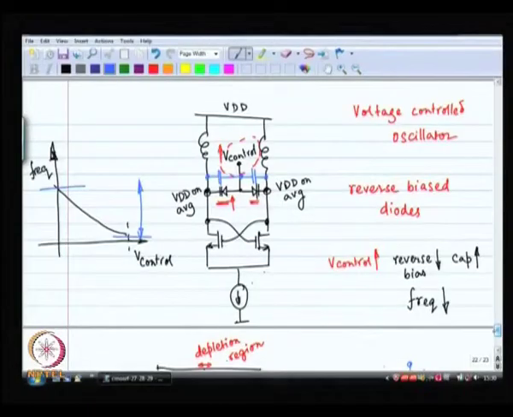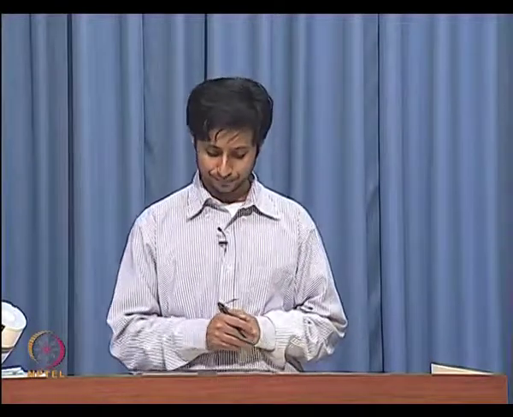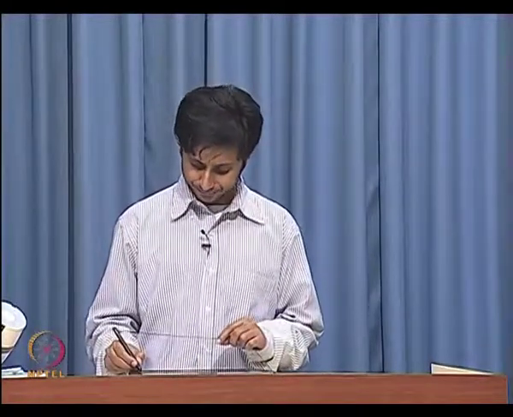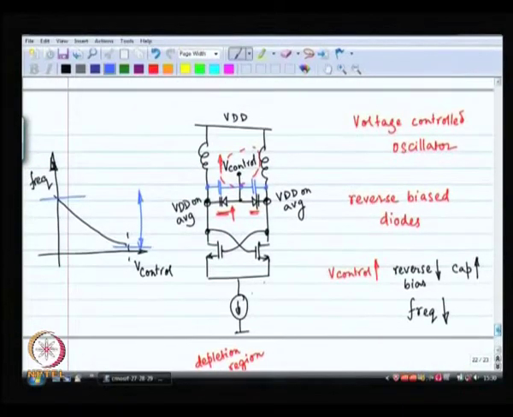So, this is a commonly used technique, this is an analog voltage controlled oscillator. Popular modern oscillators sometimes do not use this analog control, a lot of times they use digital control. So, they are no longer voltage controlled oscillators, they will be a digital code controlled oscillator.